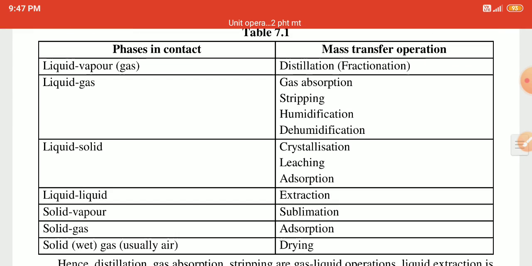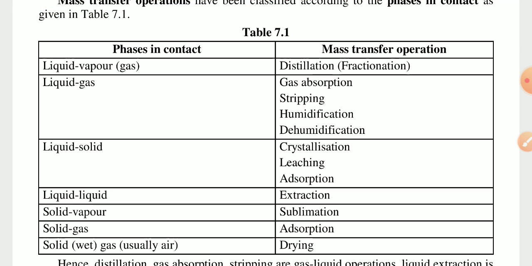Revision part: this whole table in this theory is a simple introduction. We will see molecular and eddy diffusion, differentiate molecular and eddy diffusion. Then calculate the rate of diffusion in fluid: molar flux, diffusivity, concentration gradient in a fluid, application of diffusion in a fluid.